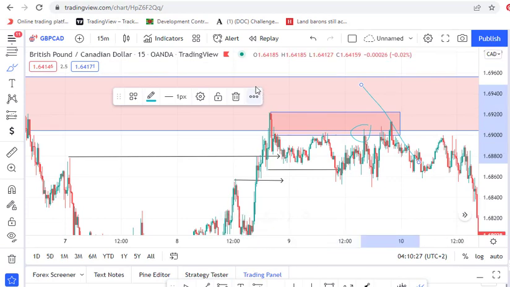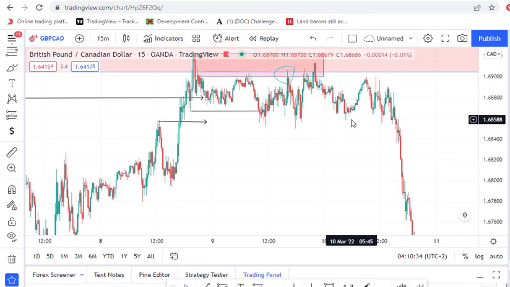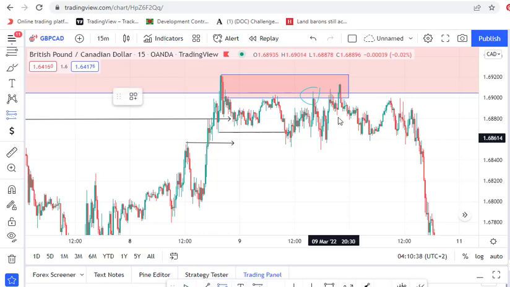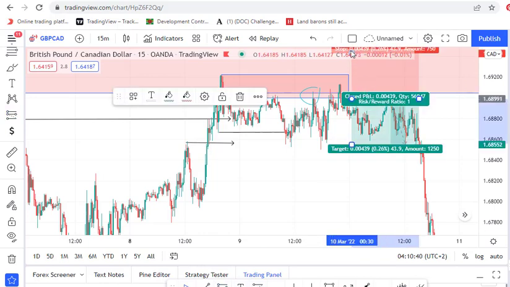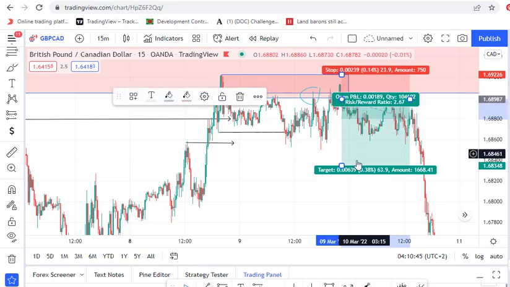That's what you are going to be doing, and you are going to go for a minimum 1 in 3 risk to reward ratio. So if you see what we are doing here, you will be looking at something like this. Let's just see how this would look.